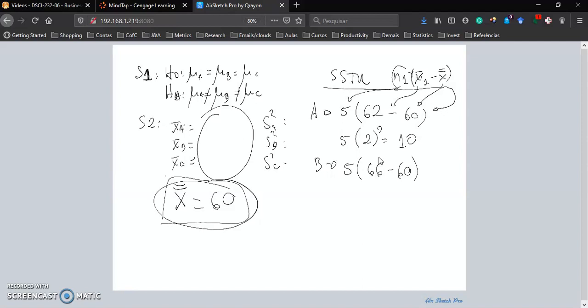I have to square this. The difference here is 6 squared.